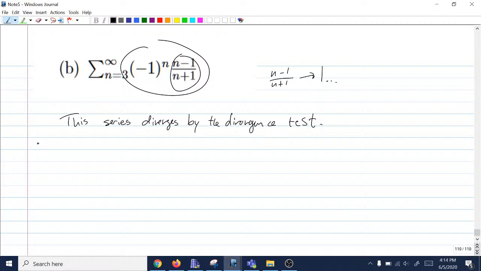The thing I would say is, so colon, here's the reason it diverges by the divergence test. Since the limit of n minus 1 over n plus 1 is 1, the limit of negative 1 to the n times n minus 1 over n plus 1 doesn't exist, and in particular isn't 0.